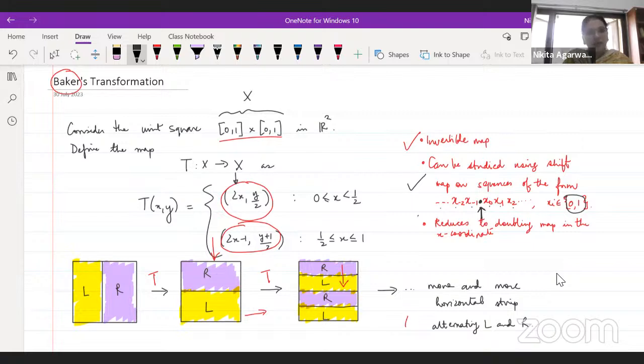So the connection with doubling is basically this part of it, right? Okay, so from dynamics point of view, it's a very important map. It has all the nice kind of features that one wants to study in dynamics. So I'll stop here on Baker's transformation.